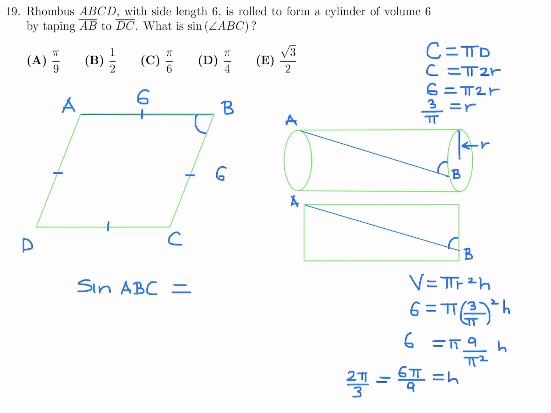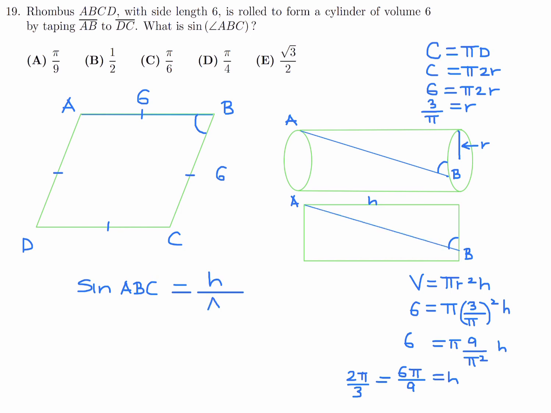We will now use this diagram right here. The sine of an angle is opposite over hypotenuse. So in this triangle, the opposite side is from there to there, which is represented by h, the height of that cylinder. So h goes here, and the hypotenuse is right here, AB.